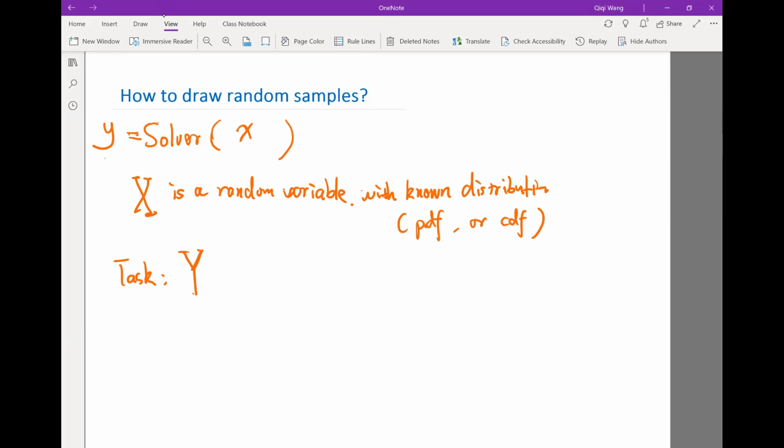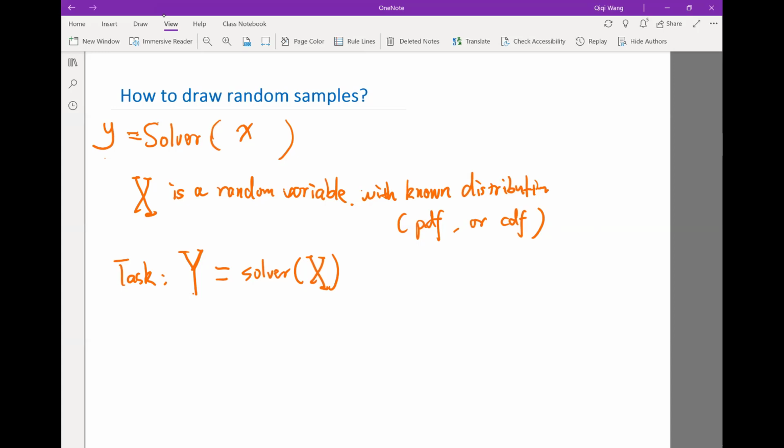Y is basically solver of x. It's a compound function, because x is a function, and if you compound the function x with the solver function, you get the random variable y. That is a function that maps from the random space to numbers.